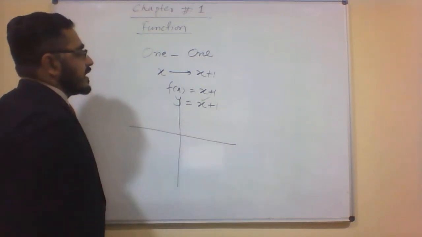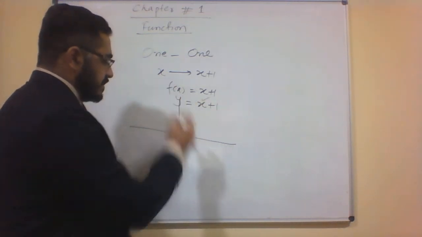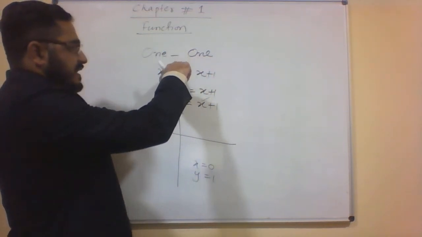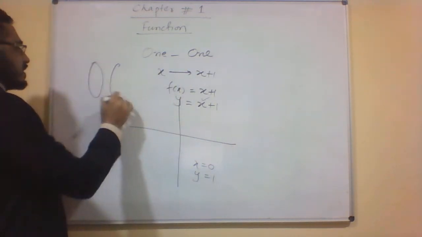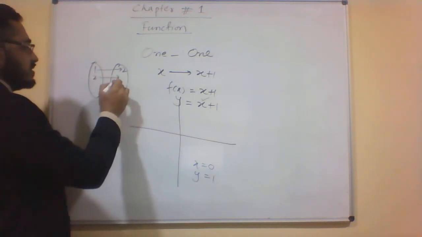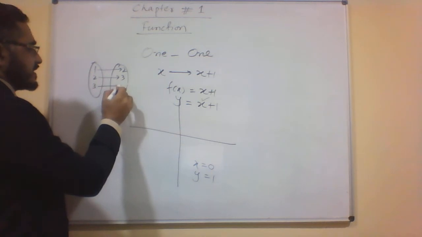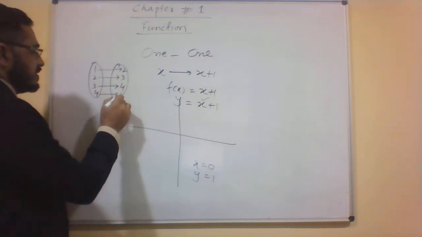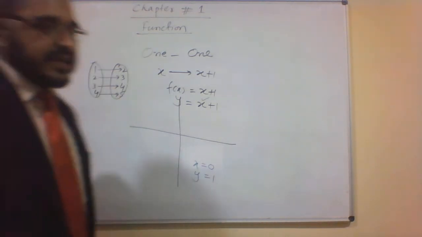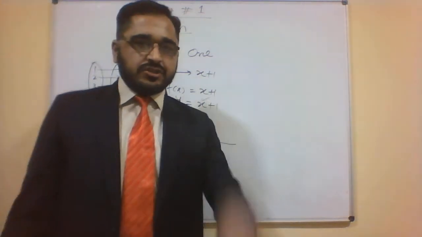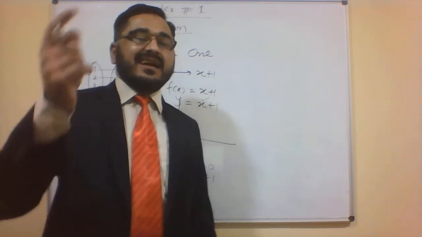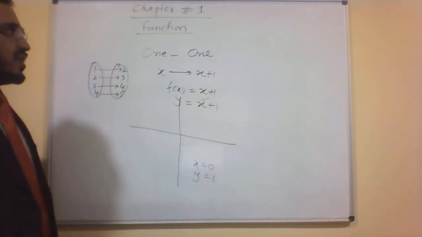Suppose here I am taking x equal to 0, y will be 1. Before that in the mapping diagram I took 1, there 1 mapped with 2. At 2 we were getting 3. At 3 we were getting 4. At 4 we got range value 5. On every different domain value we are getting a different range value. No repetition should be there. That is one-one mapping.